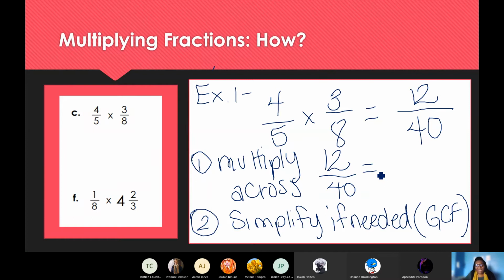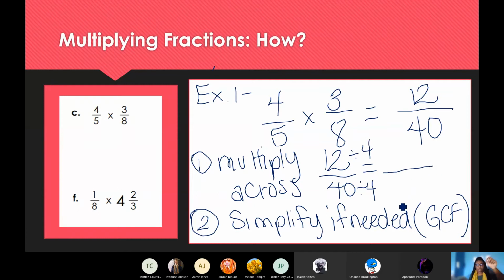If I were to list the factors of 40, I would have 1 and 40, 2 and 20, 4 and 10, 5 and 8. So of those, my greatest common factor here would be 4. The factor that they have the most in common, that's the largest, is going to be 4.